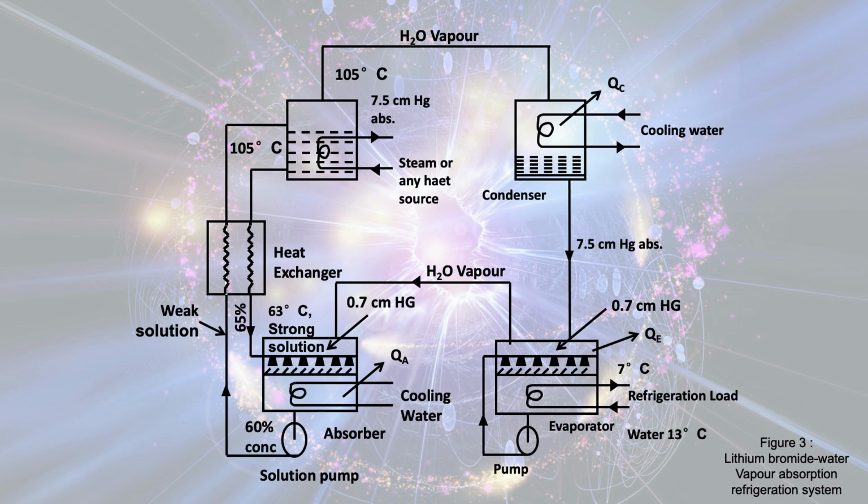So this is the schematic diagram where lithium bromide and water are used, but the absorbent is lithium bromide and the refrigerant is water. In this case you see that there is an evaporator, an expansion device, a condenser, and a generator-absorber assembly.